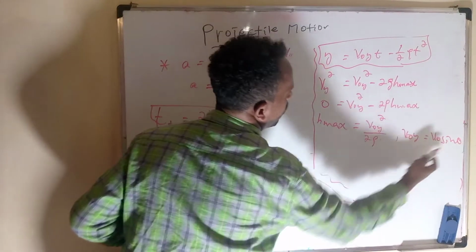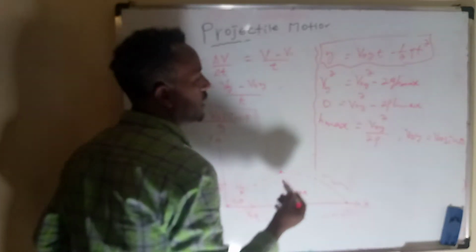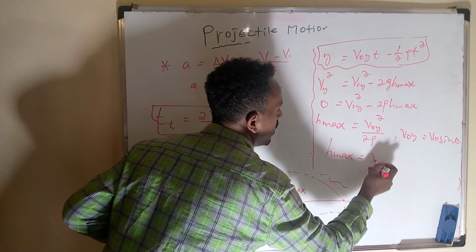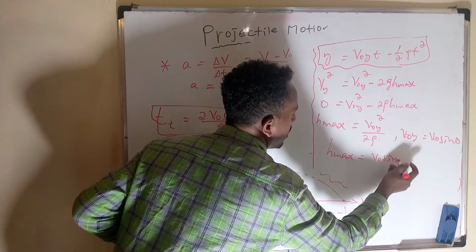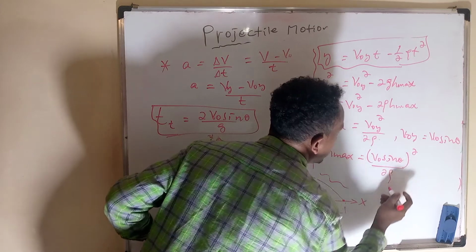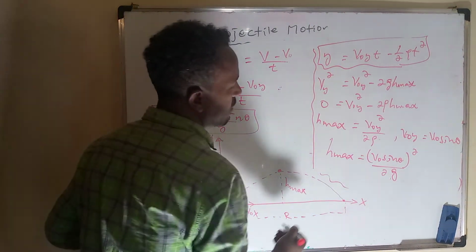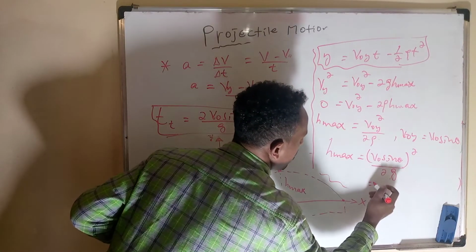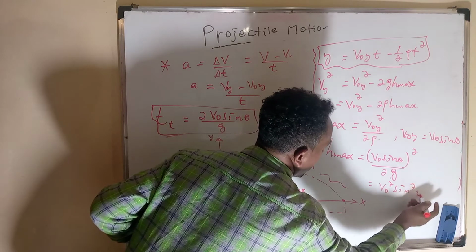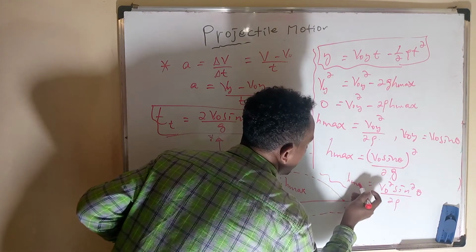v initial of y is equals to v naught sine theta. Therefore ይሄንን እዚህ ጋር substitute ማድረግ ይቻላል። h max is equals to v initial sine of theta the whole square over 2g, 2 times gravity. Therefore ይሄንን ስኩዌር ስናደርገው v initial square sine square of theta over 2g is equals to h max.